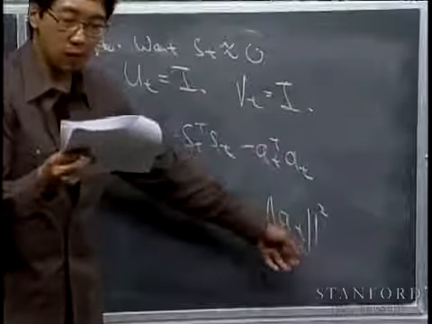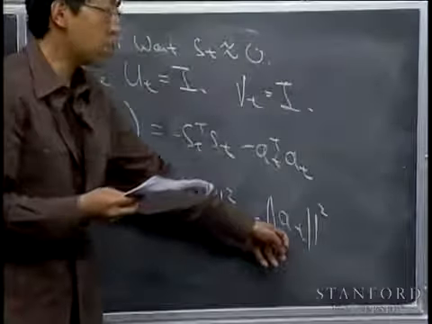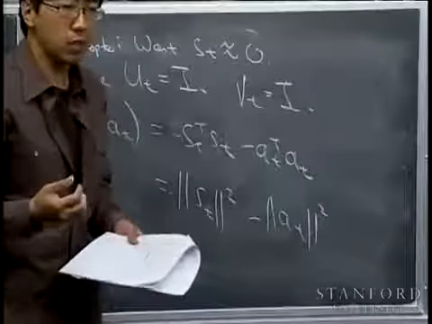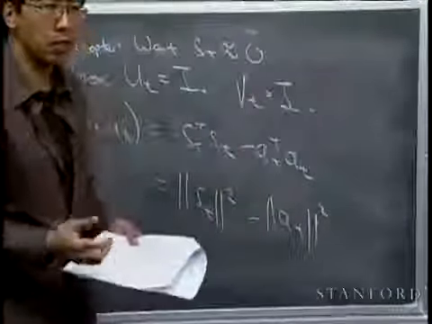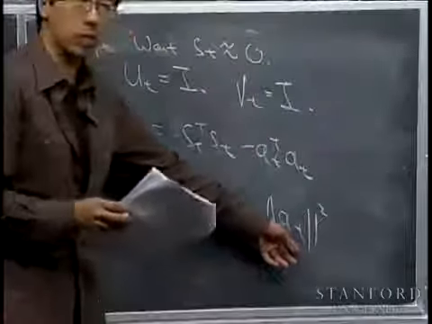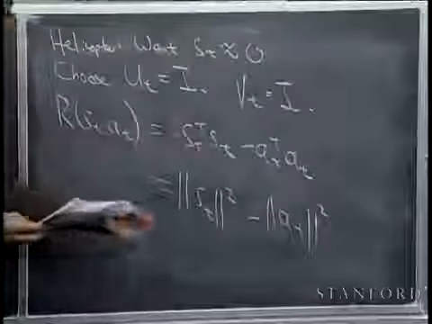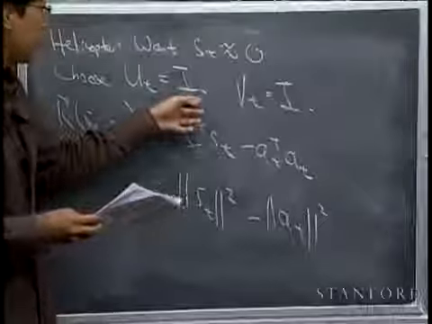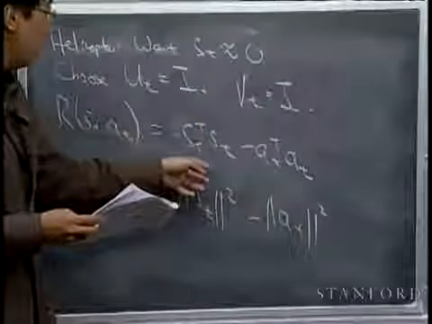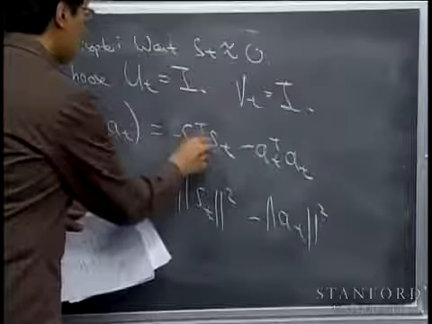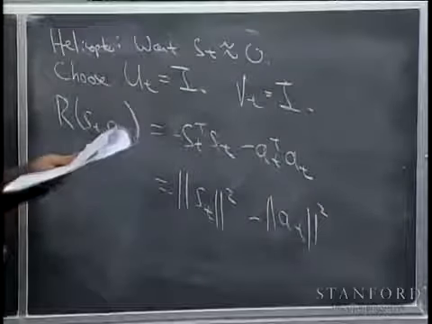In practice, this tends to discourage your system from jerking the controls around, making very huge control commands. Often adding a term like this to the reward function makes many systems behave better. And of course, you can choose different values on the diagonal to give different state variables different weights and so on. So there are lots of possible choices for U and V, but this is one example.